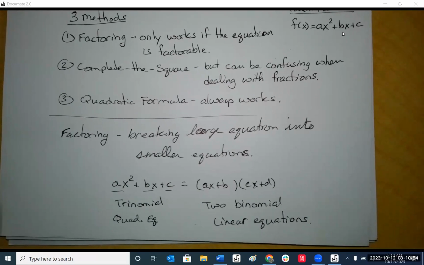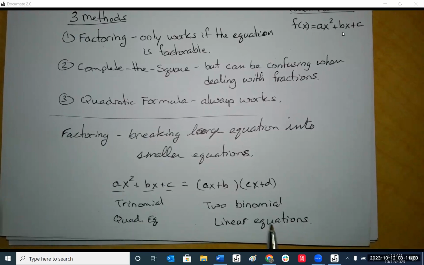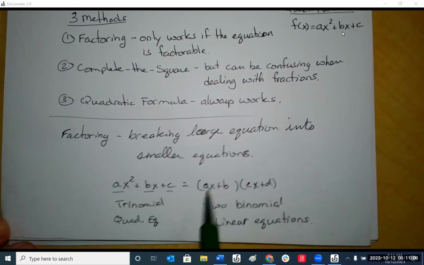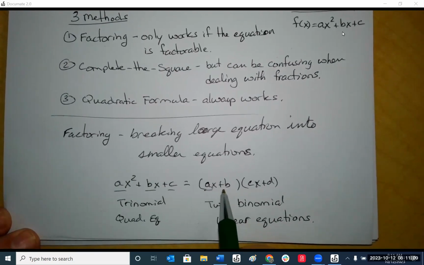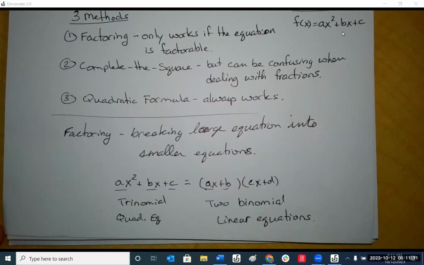That's our goal. Actually, that's going to be our goal for the rest of the semester. We're going to take larger equations and break them down into smaller binomials. Why are these called binomials? Because they have two terms. This one has three terms, so it's a trinomial.